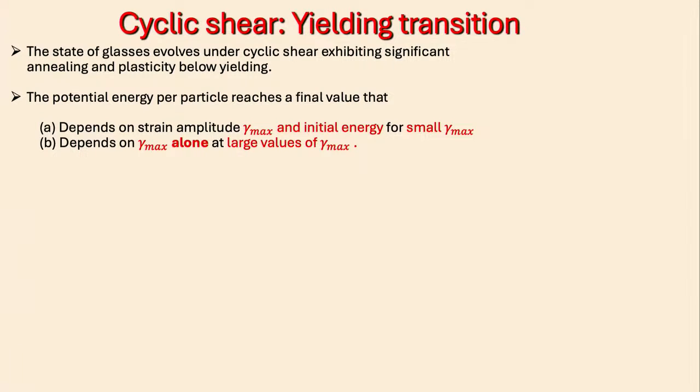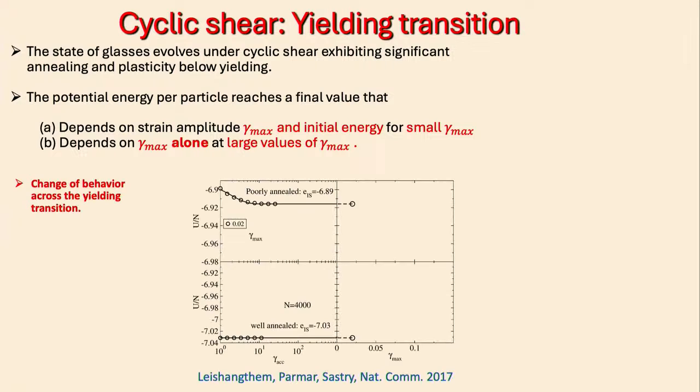But for sufficiently large amplitudes of shear, the amplitude by itself determines the final state that I reach. And in between these two regimes, one has the phenomenon of yielding, okay? So this is a small amplitude shear, cycle to cycle, the energy changes and reaches some final value.